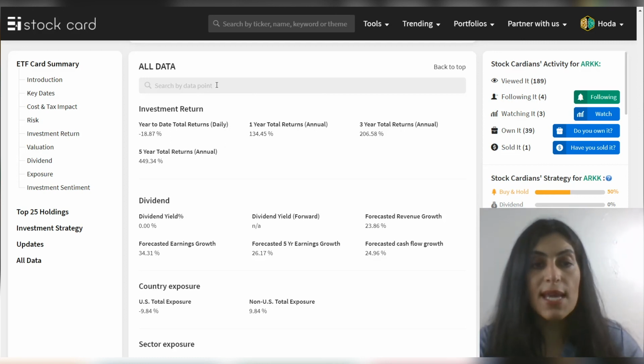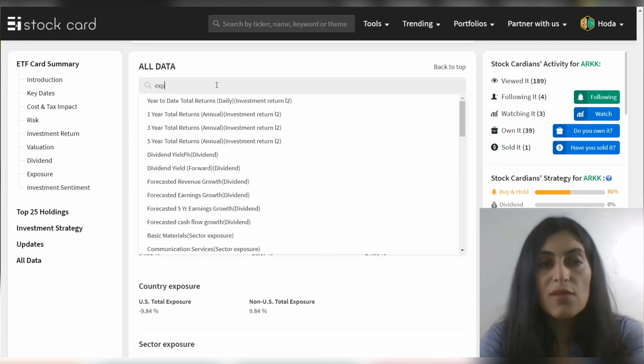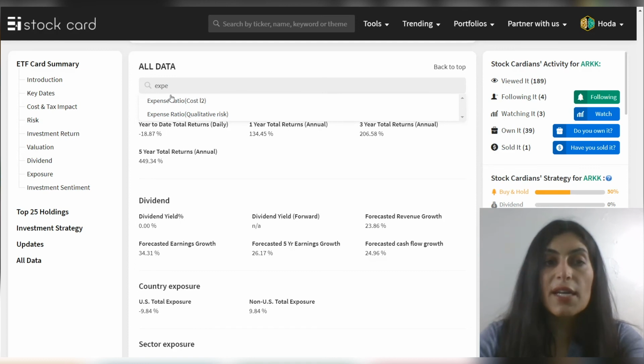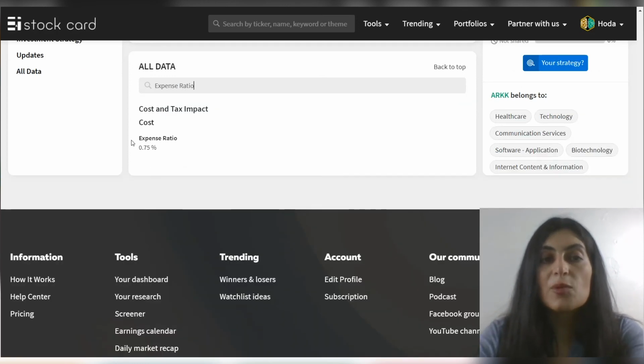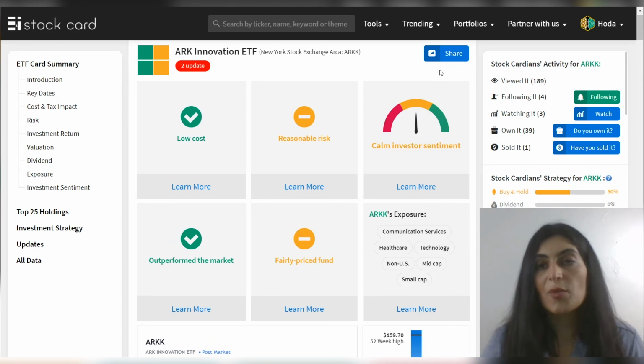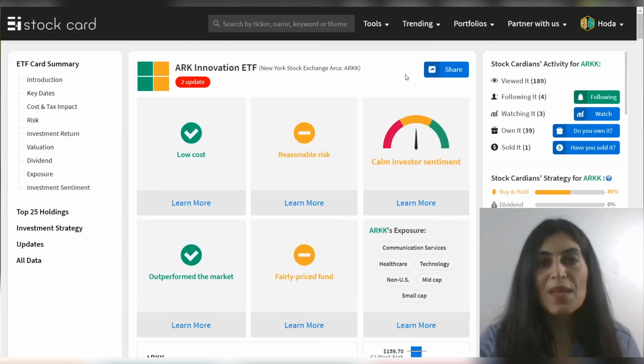So if you are looking for, say, the expense ratio for ARK, you could just click it and we will pull that information for you. This is for those guys or gals who look for specific information on ETF cards.